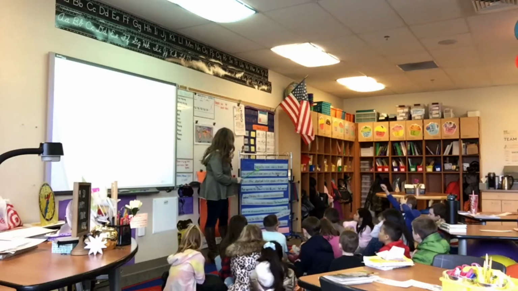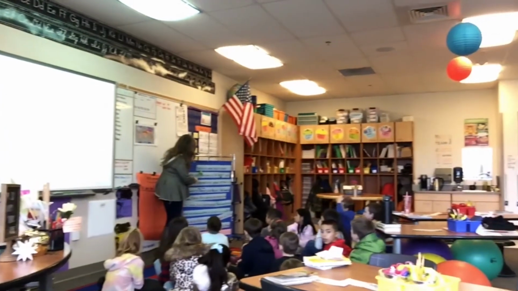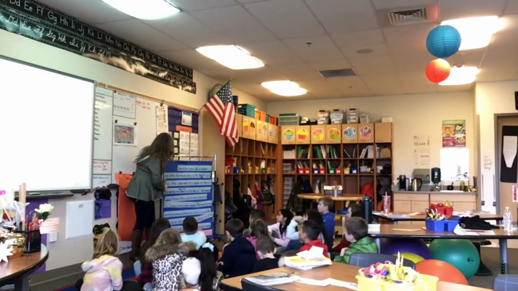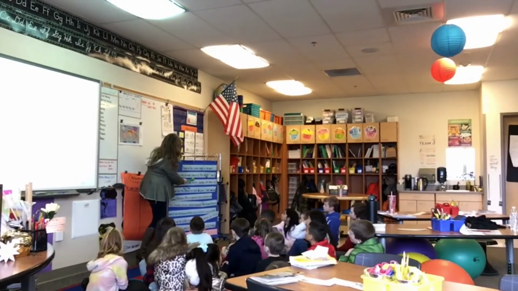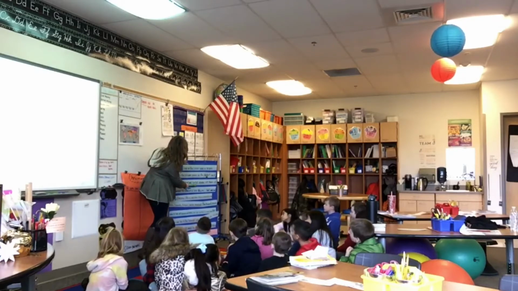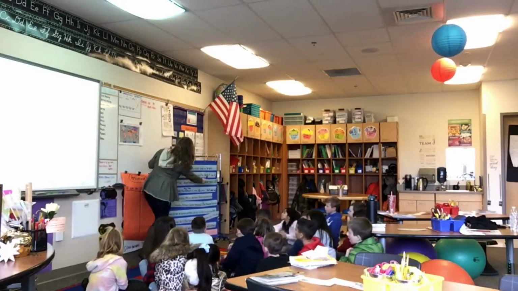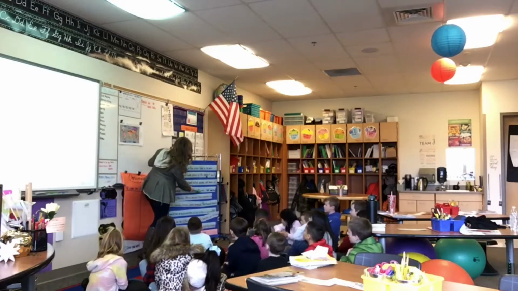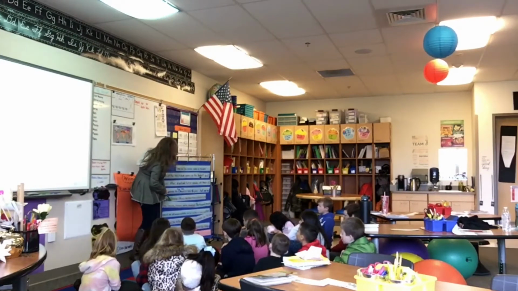So, ready, read. There are 5 climate zones on the earth. One of the 5 climate zones is the desert, and it is the driest and hottest climate of them all. For example, the desert is very dry and hot and no water.